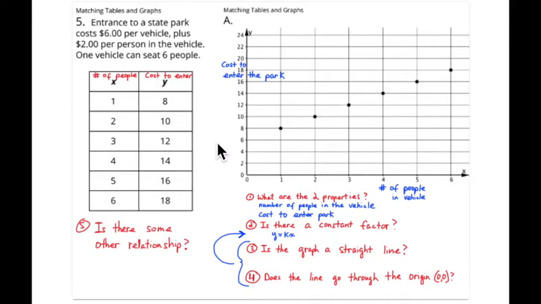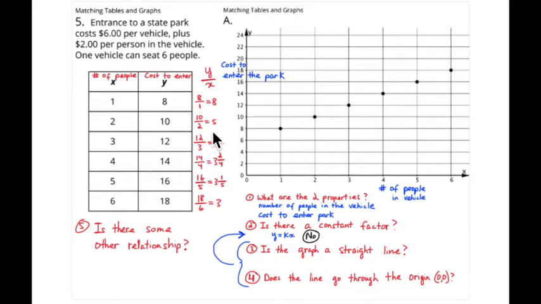And to figure out if it's a proportional relationship, you look for, first of all, is there a constant of proportionality? So you go through, we've done this before, take the Y value and divide it by the X value and see if there's a constant factor that you're using to multiply X by to get to Y. So Y divided by X, and in this case there's not.